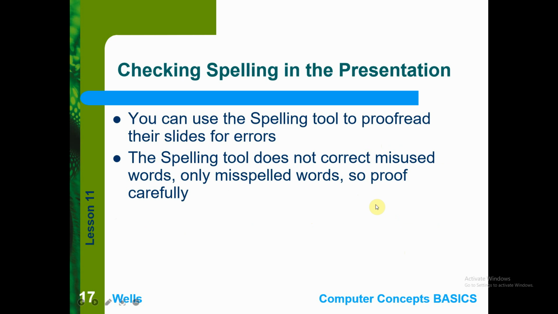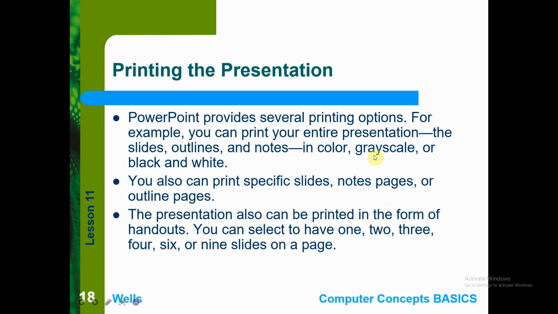So sa king spelling, may spelling tool naman tayo. Usually ang aton sa browser, when you open the particular document, isa may part man na makita rin ng spelling isala by highlighting it in red, the red underline. And for printing, ang mga option natin ang bago na we have the option to print out using the slides, an outline or notes, although in color, grayscale or black and white.